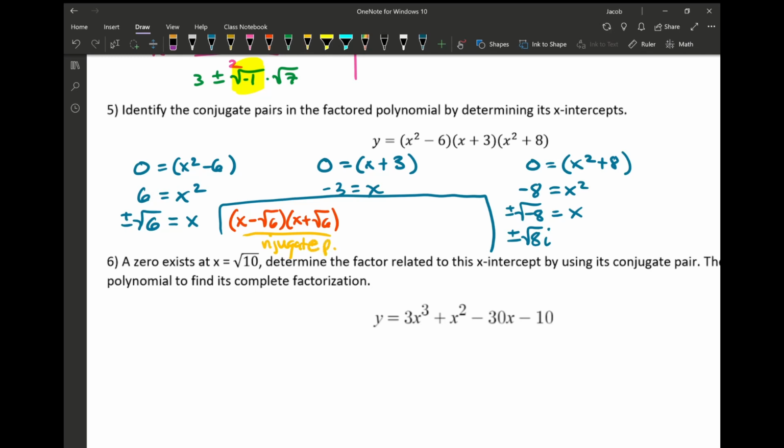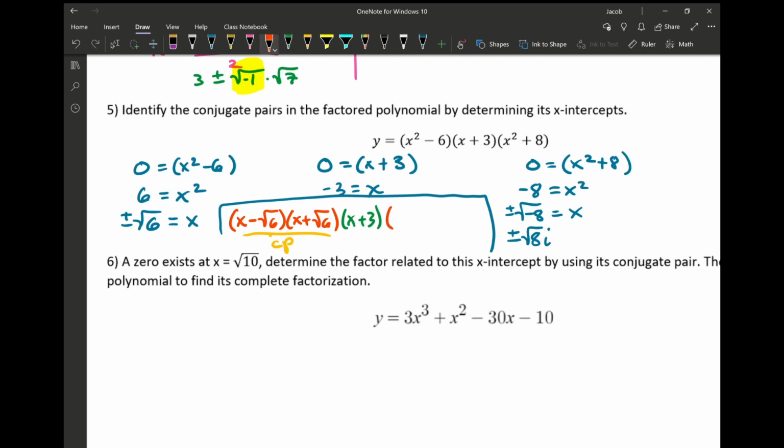I'll just do CP. This lonely factor in here, x plus 3, doesn't have anything special. It's just a linear factor. Oh well.